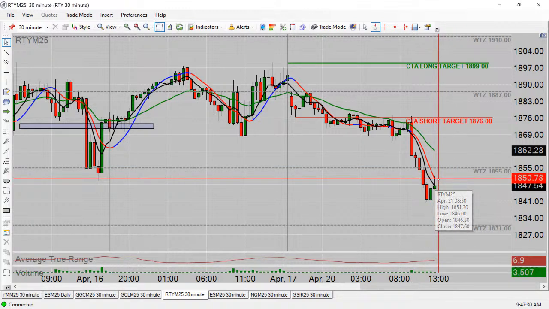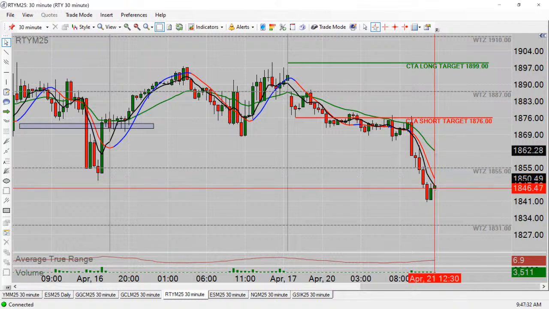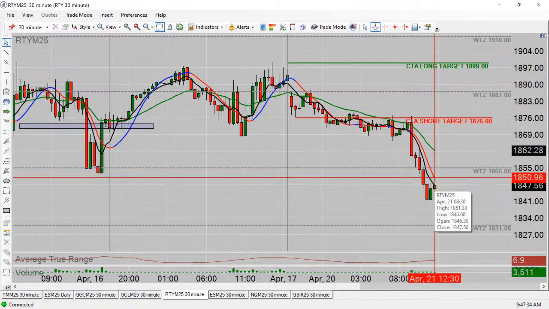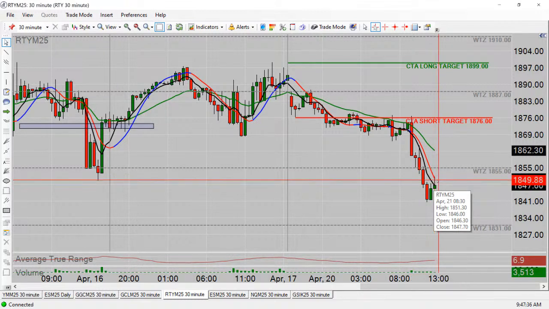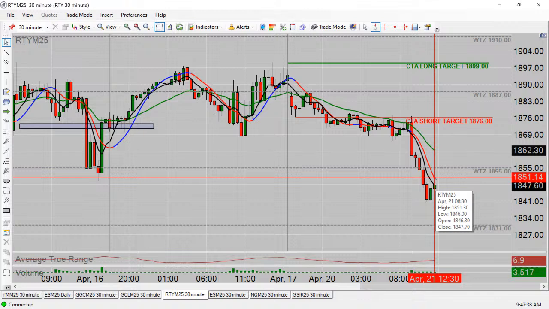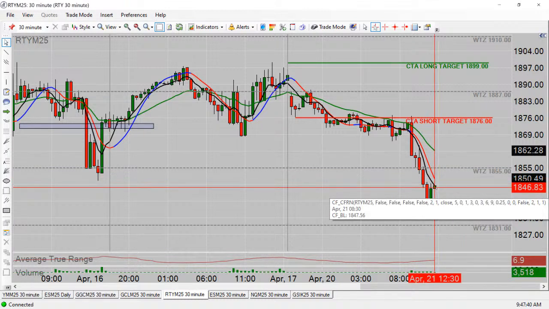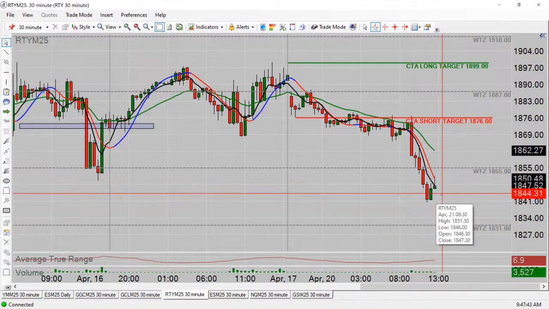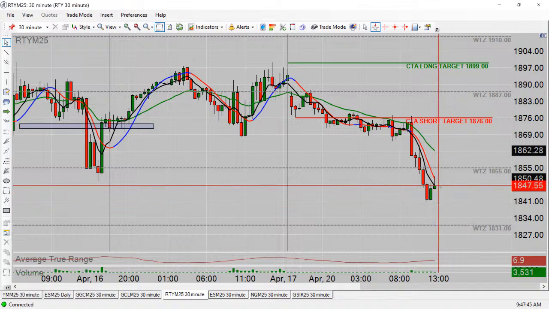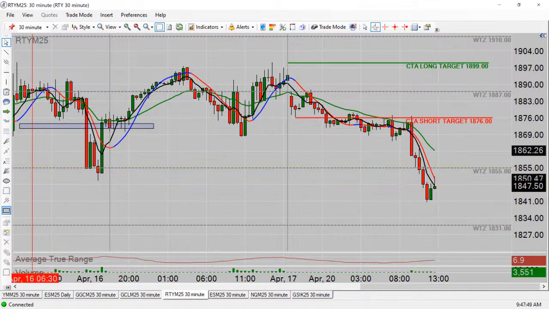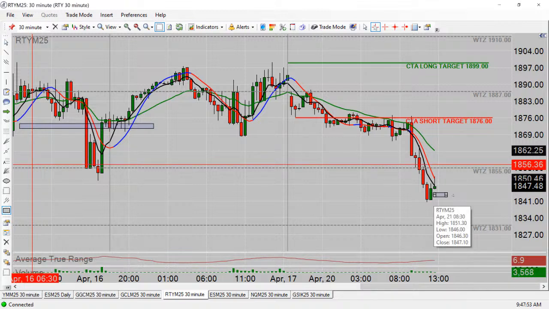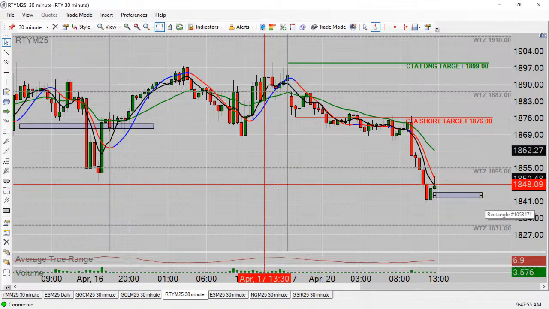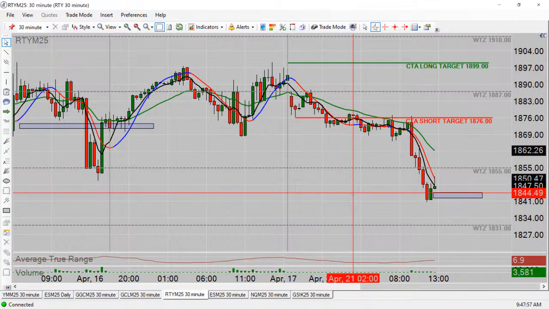You've got resistance. Well, it's actually not trapped because we're below the step line. But the step line is directly above price. That represents resistance. If price gets below the step line here, it is just below it. The step line just became resistance. And in doing so, has given us a window of opportunity, something like 1844.